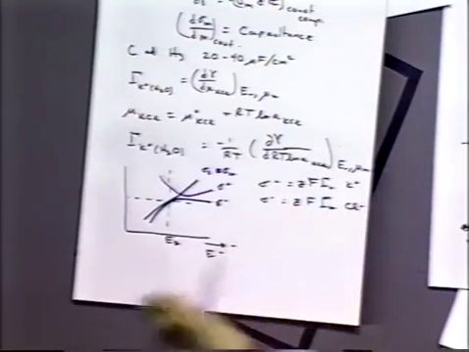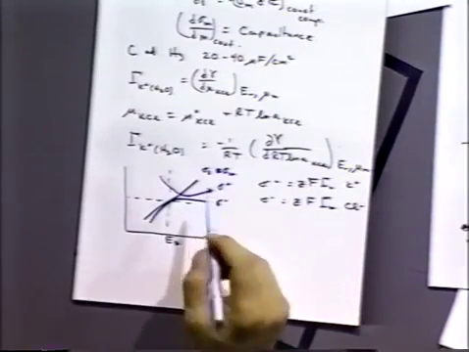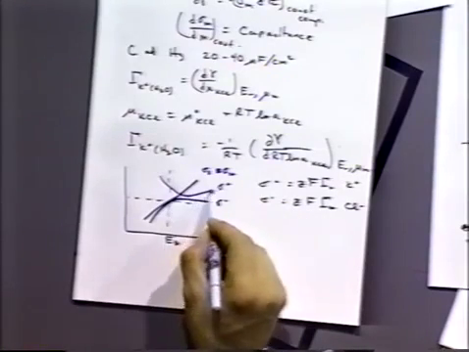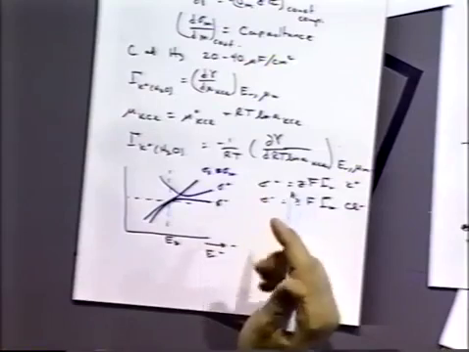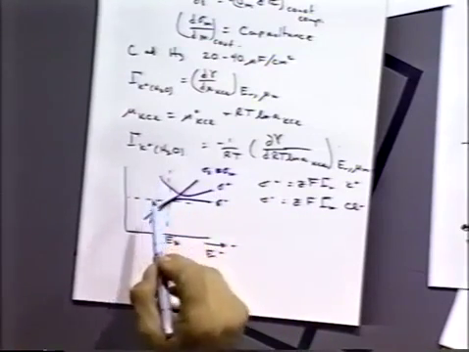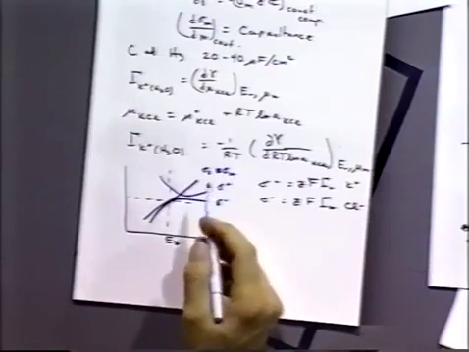What should be interesting to you also, though, is that not only at negative potentials do we see an excess amount of potassium or sodium ions, but at positive potentials we see an excess amount too. And why is that?